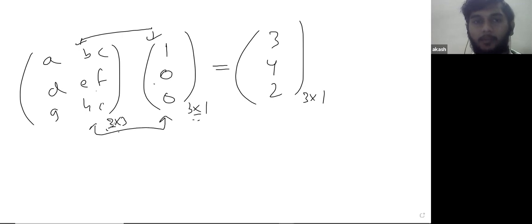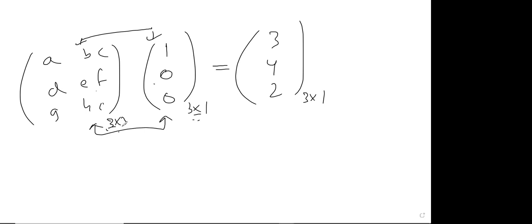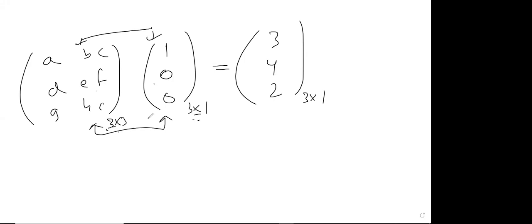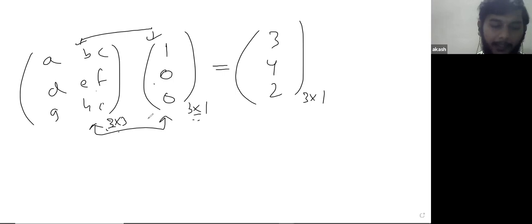Tell me the answer. What matrix will you get? The dimension is 3 into 1. This is very easy. I know you know it. Just tell me the elements I have to write, the final answer of this multiplication.